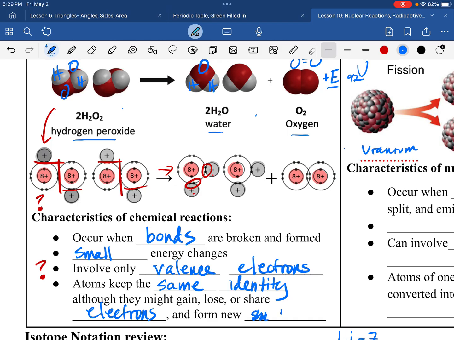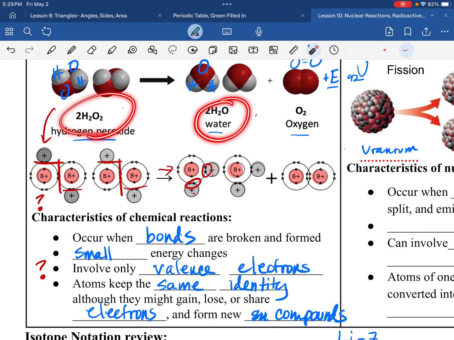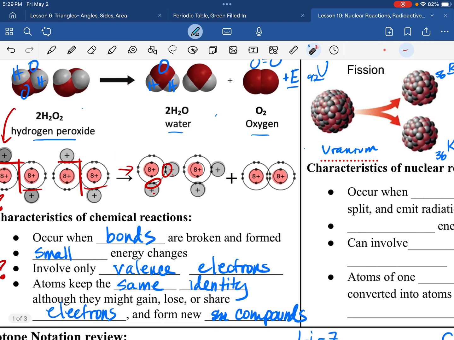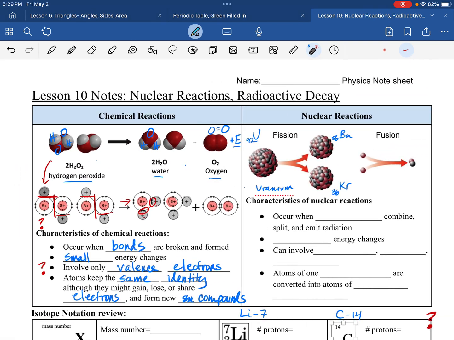We could call it actually compounds, right? Like here we do have a new substance or compound. We have water instead of hydrogen peroxide. We have water and oxygen gas. So that's chemical reactions, which we've learned about extensively.